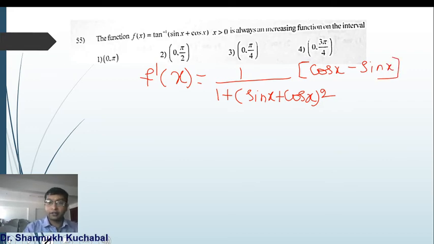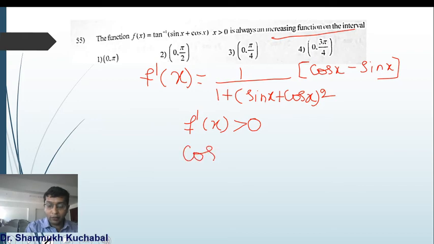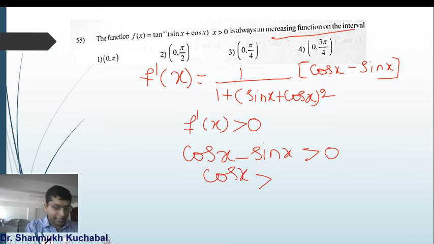So it is given that it is an increasing function. So I am taking f dash of x greater than 0. Transporting the denominator to the right-hand side, it becomes 0. So I am taking only the numerator function of f dash of x, that is cos x minus sin x, which is greater than 0. Then I get cos x greater than sin x.